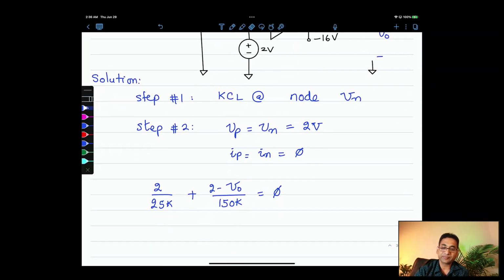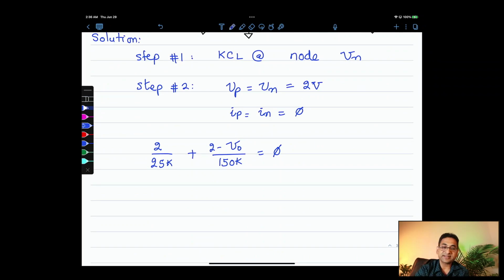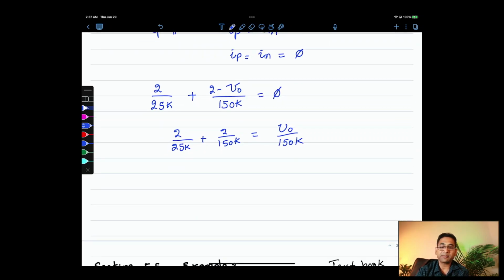All right, now let's simplify this equation. 2 by 25k plus 2 by 150k equals Vo over 150k. Multiply both sides of the equation by 150k.